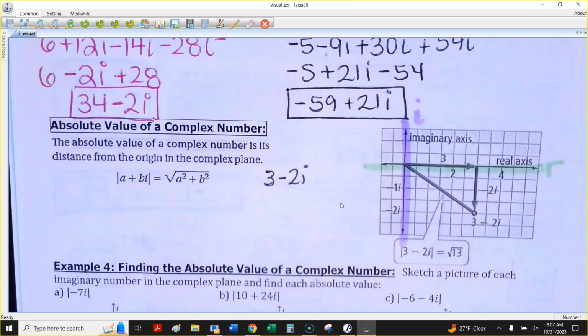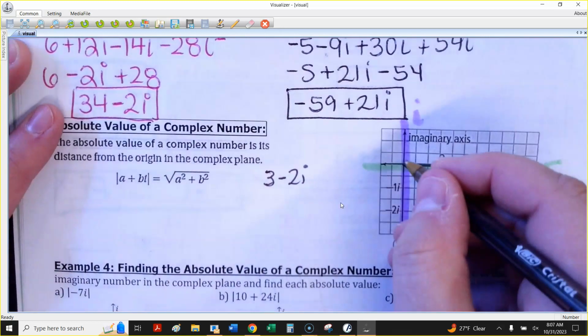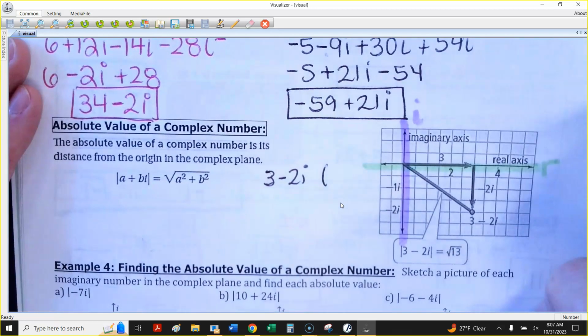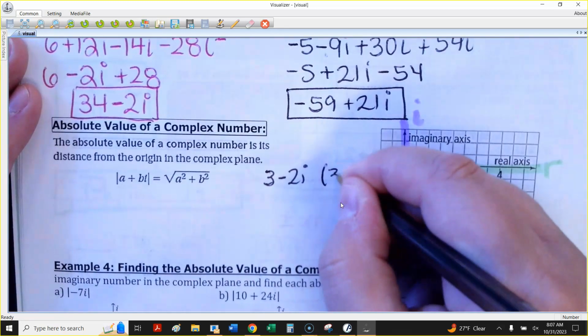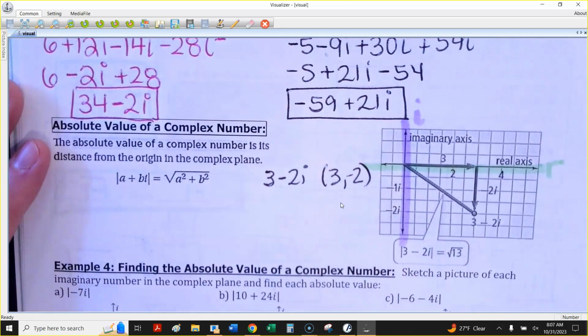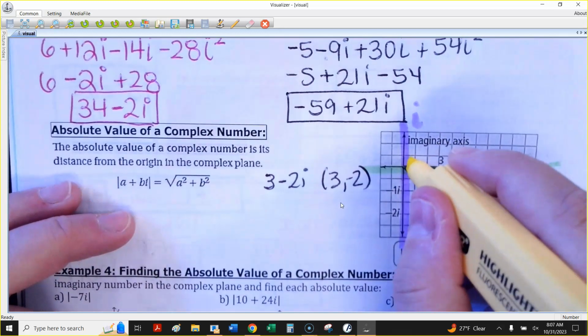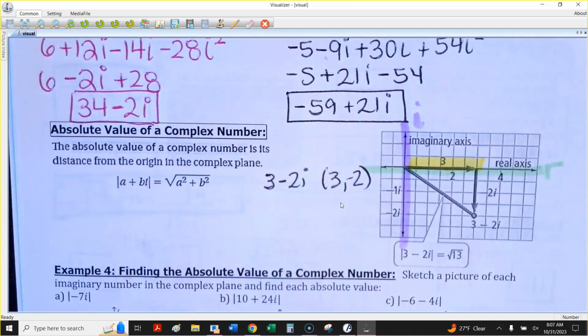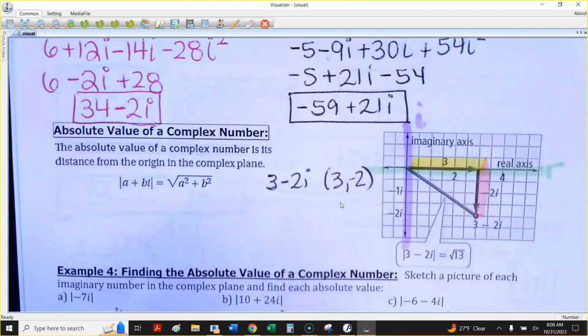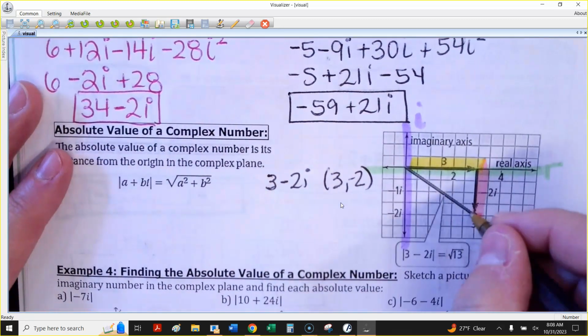To show the absolute value here, we're going to show a distance. This would be graphed as the point (3, -2) if you were to plot this in a normal XY coordinate plane. But it's the real axis and the imaginary axis. So I'm going over 3, then going down 2i, and I end up at this point right here.